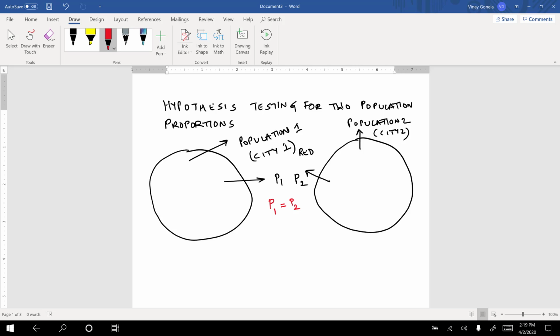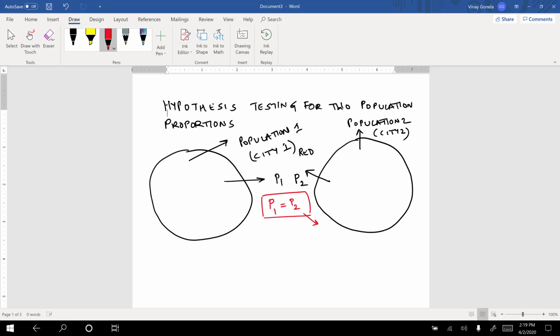So both are equal. It can also be the percentage of people who like color red in city 1 is equal to the percentage of people who like color red in city 2. So that can happen.